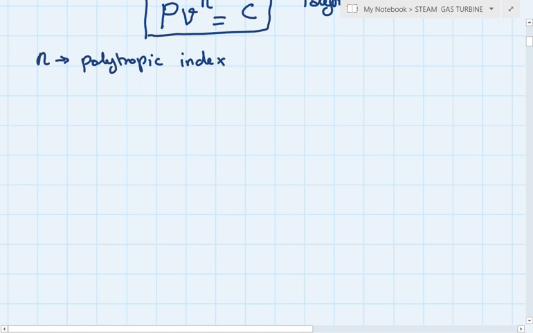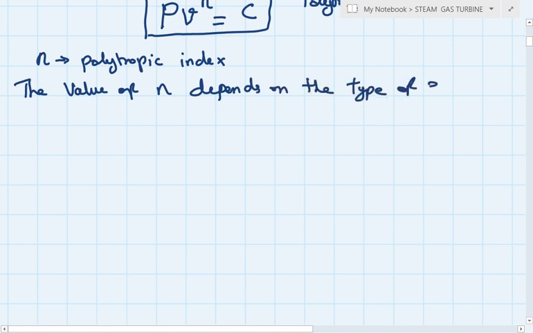So the value of n depends on the type of steam.